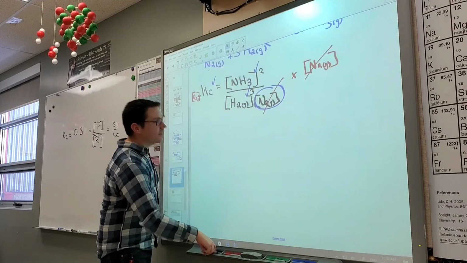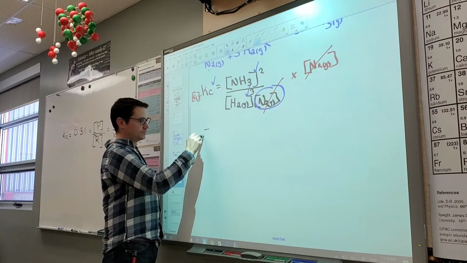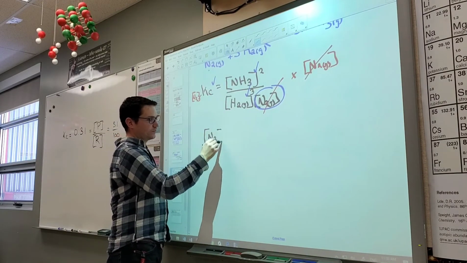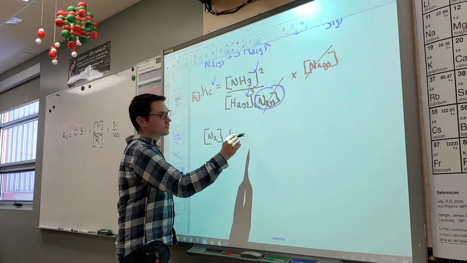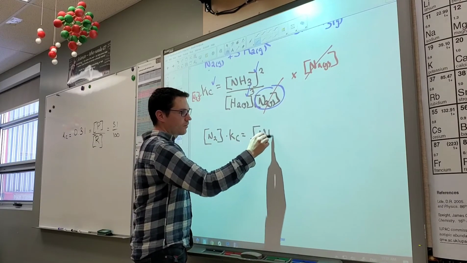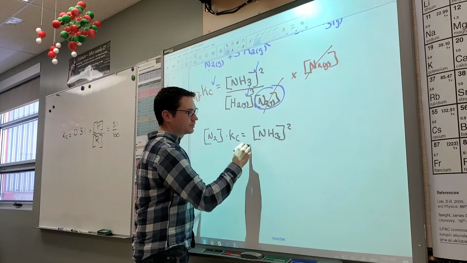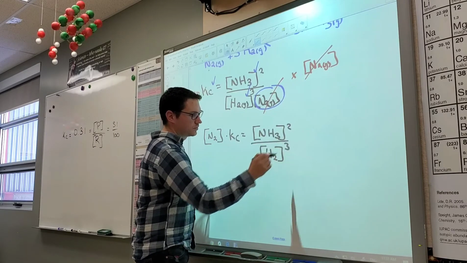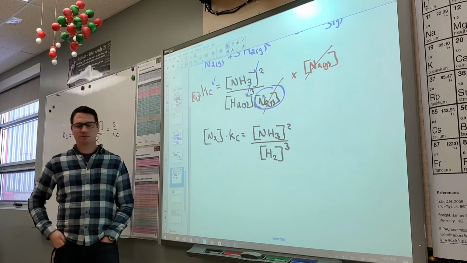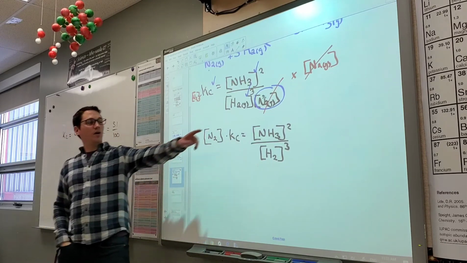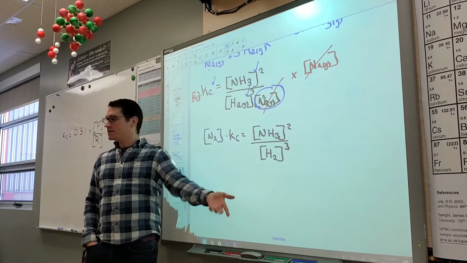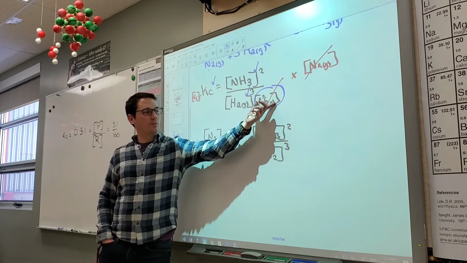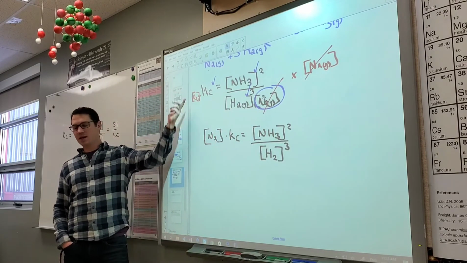So now that we've done that, we've multiplied by nitrogen on both sides, basically all we did was moved it from the bottom side of this side to the top side of that side.